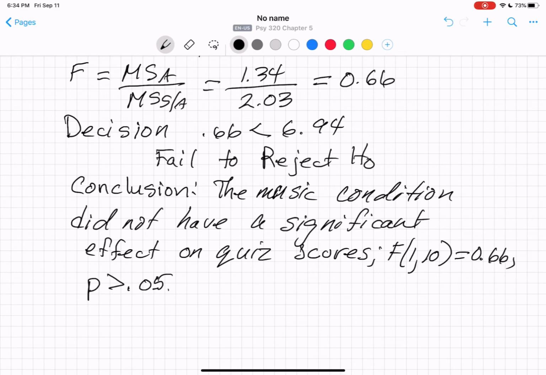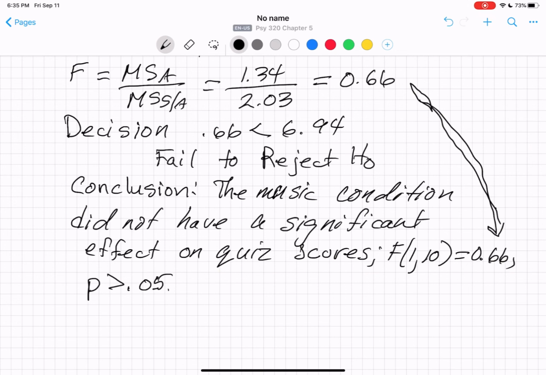Our F is 1 and 10 degrees of freedom. The 1 is degrees of freedom for A. The 10 is degrees of freedom for S over A. The 0.66, that's our F that we calculated from our data, okay? Not from the decision rule.